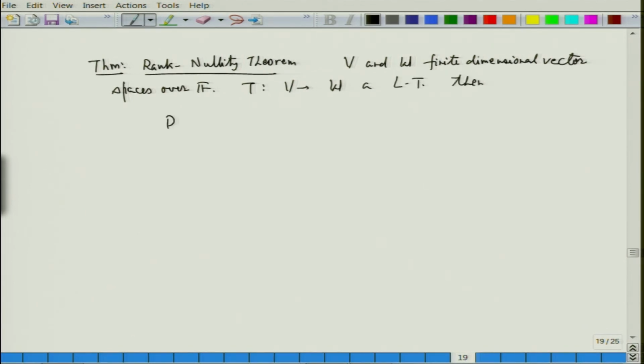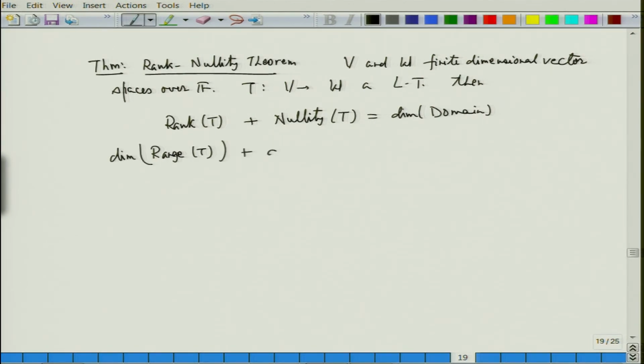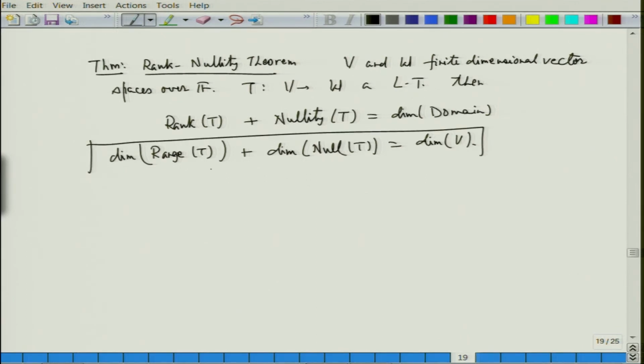Then rank of T plus nullity of T is equal to the dimension of the domain, which is the same thing as saying that the dimension of the range of T plus the dimension of the null space of T is equal to the dimension of V. Is that okay? We proved it earlier, same proof.